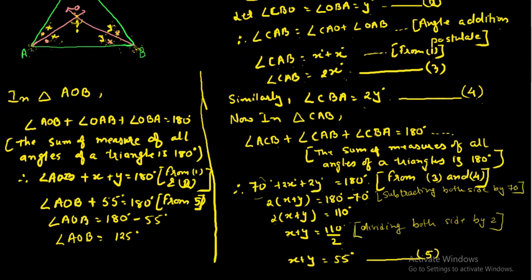So we will get the value of x plus y, that is 55 degree, and we will consider it as number 5.